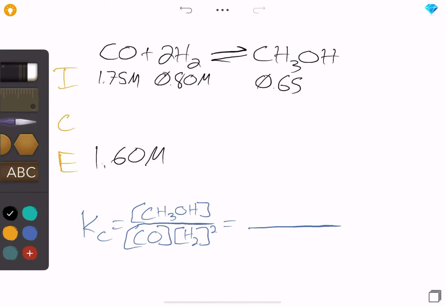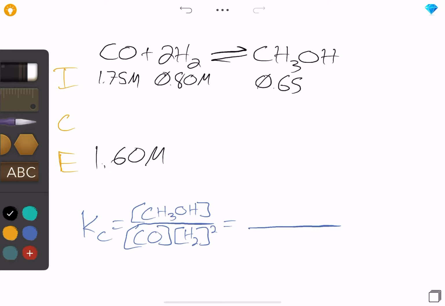So now it wants us to find the equilibrium constant for this reaction the way it's written. So if we look at what we have for the ending, the difference between the beginning concentration and the ending concentration of carbon monoxide is going to be our change.